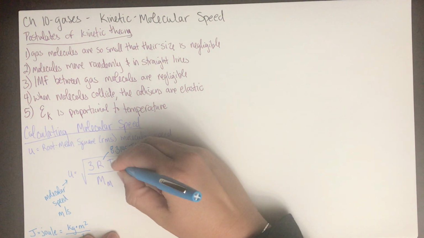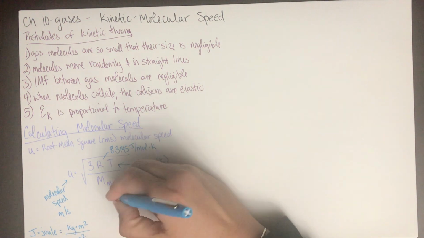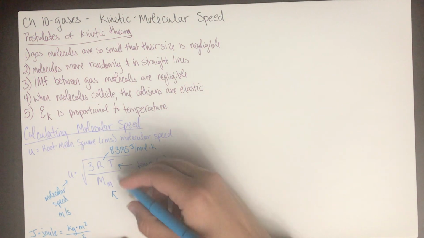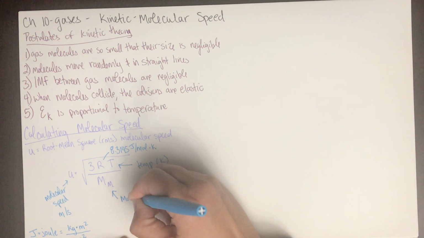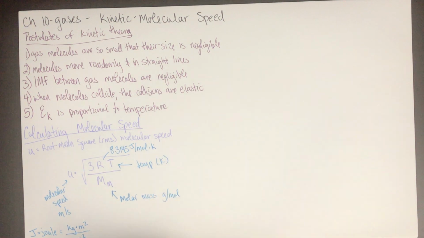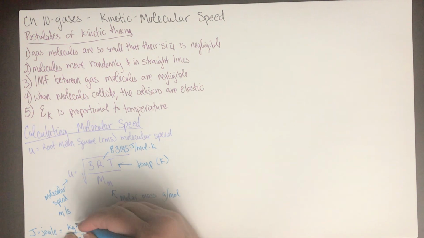So this is going to be temperature in Kelvin. And now I have molar mass. When you look up molar mass on the periodic table, you've only ever known molar mass to be in a unit of grams per mole. But we need to pay attention to this unit of joules here.